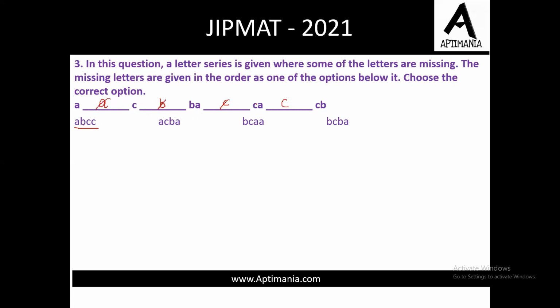If I go for second option, then we have A C B A. यहाँ पर हम चेक करते हैं तो we have AAC, CCB, ABC. Again, things are illogical. So if I move to the correct option, that is BCBA. और ये correct क्यों है? I will tell you the reason.